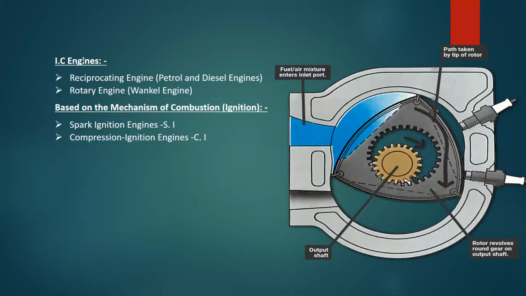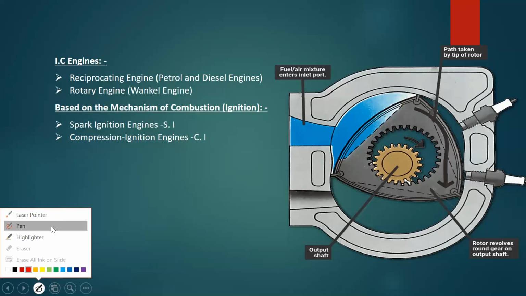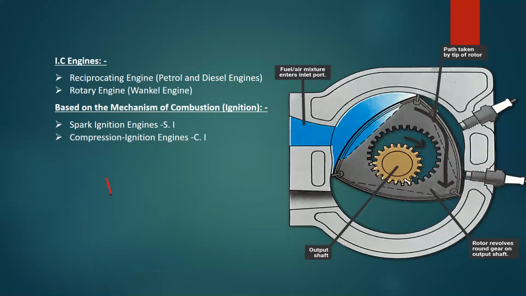Aircraft. Yeah, correct. Rotary engines are used in aircraft. In the piston cylinder, it is going up and down like this. Reciprocate. Then for the rotary, here it is. This is one example of a rotary engine. Okay.